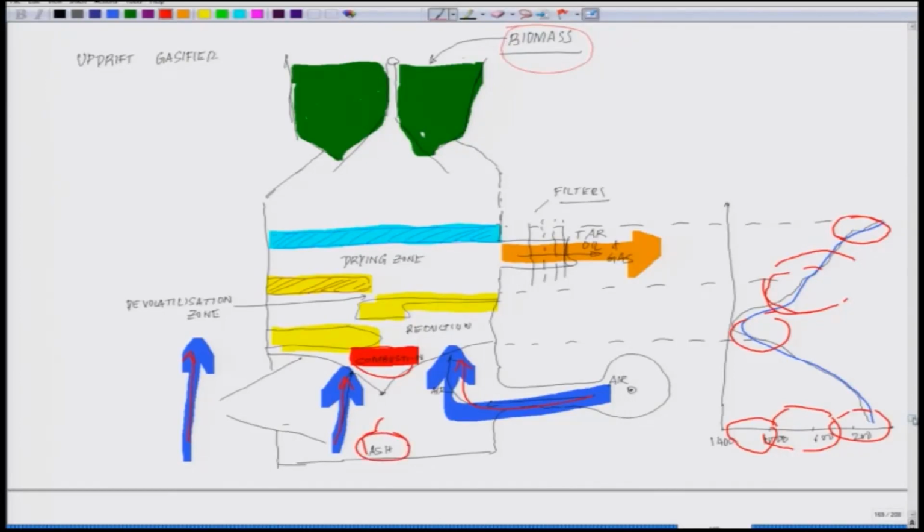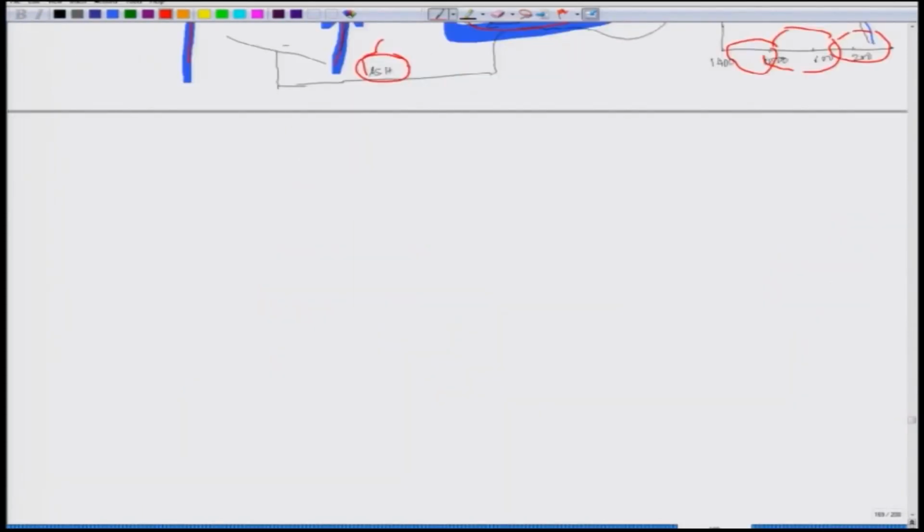Now, let us pull our attention to some of the salient features of it. Okay. In the updraft gasifier, some salient points you people need to remember. Salient points regarding updraft gasifiers. Okay.